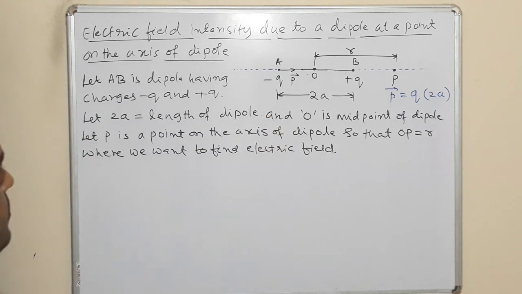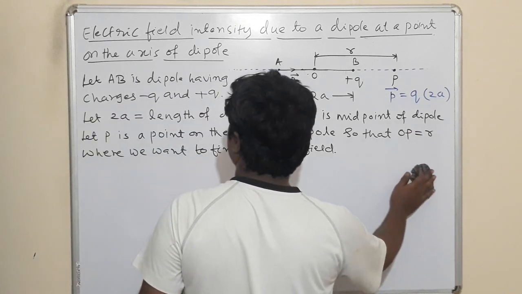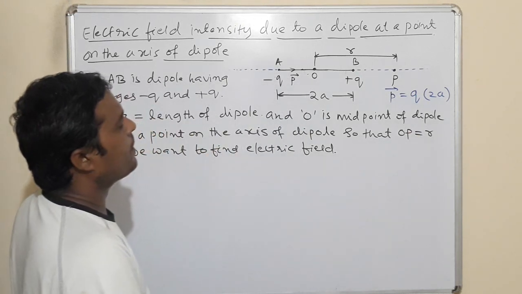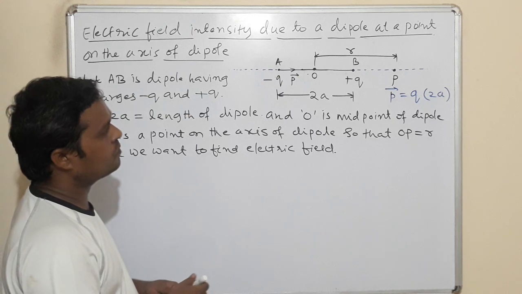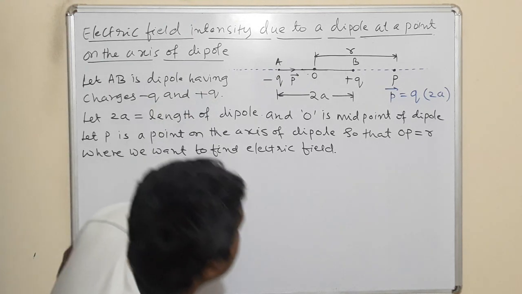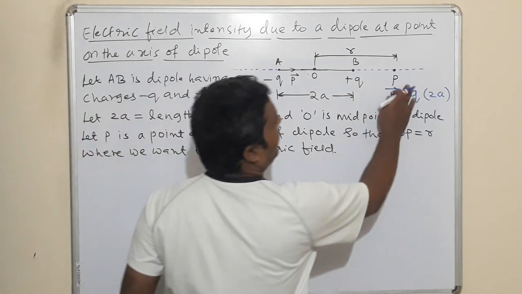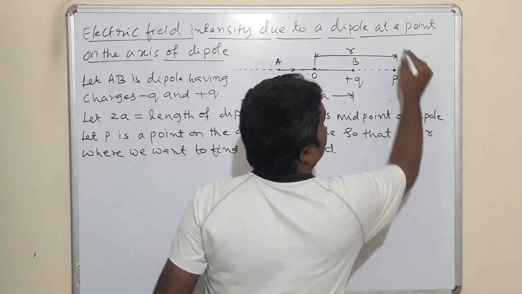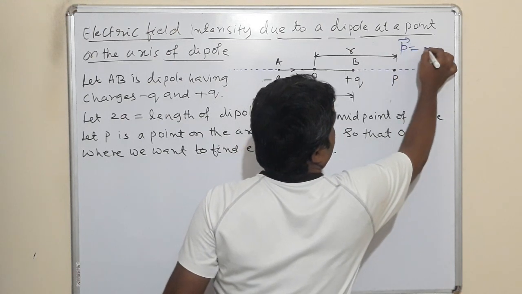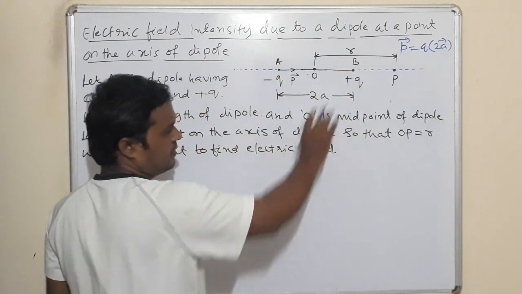Dipole moment P is equal to Q into 2A, directed from minus Q to plus Q.